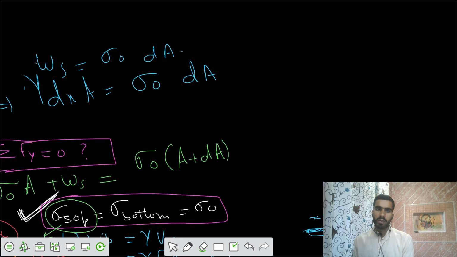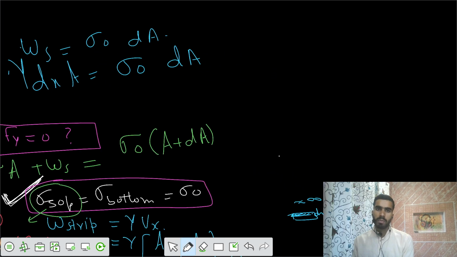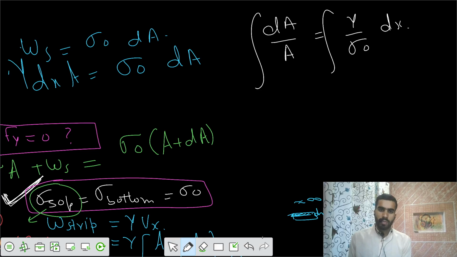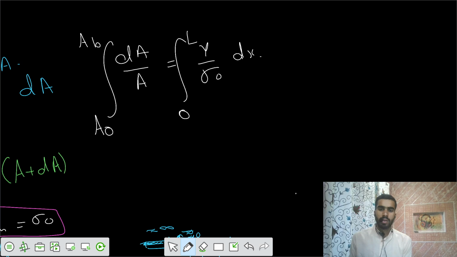Now with the variables separable, dA by A equals gamma by sigma naught into dx. If I integrate it, you go from the value of A at the top to some value of A at the bottom that you need to calculate, and x goes from 0 to L.